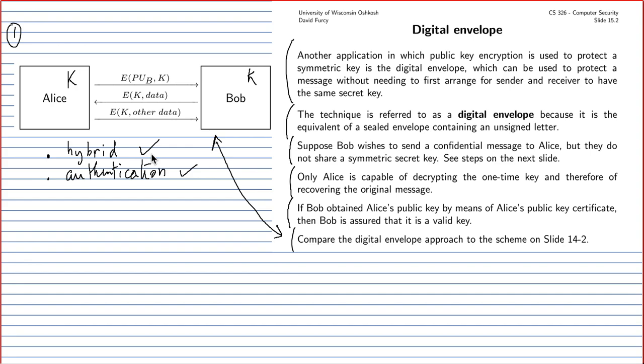There's one difference though, which is somewhat significant. The difference is that in this protocol, it's really a two-step process where first we are using public key cryptography to generate a key K, and second, we're going to use that key in a sequence of following messages that happen later on.